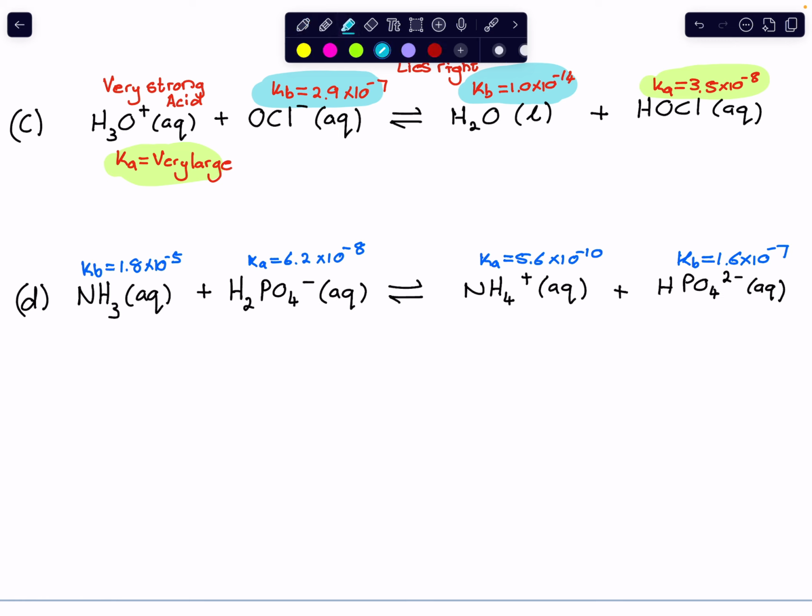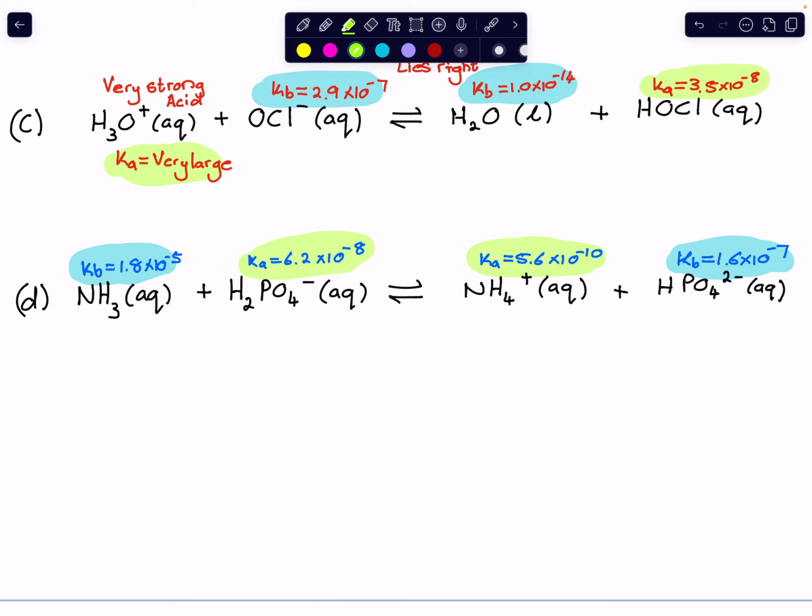So this one is a nice easy one for the comparison. Looking at the Kbs, we notice that ammonia has the larger Kb. The same goes for the Kas: if we highlight those, we notice that dihydrogen phosphate has the higher Ka value.